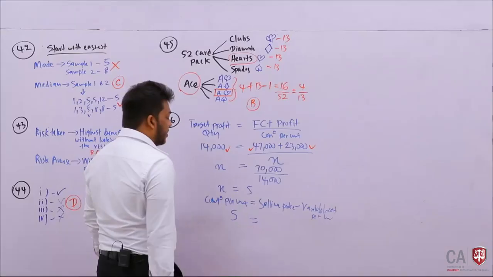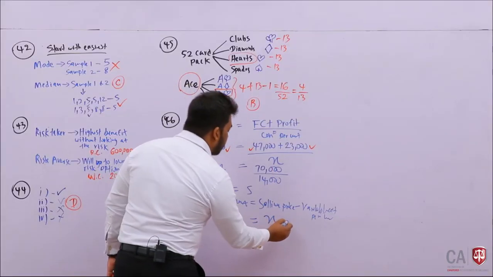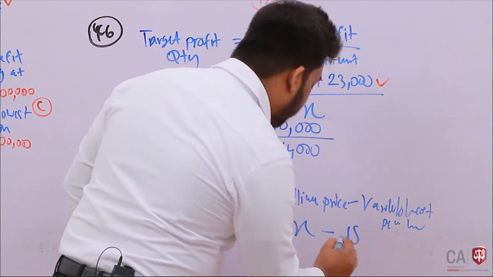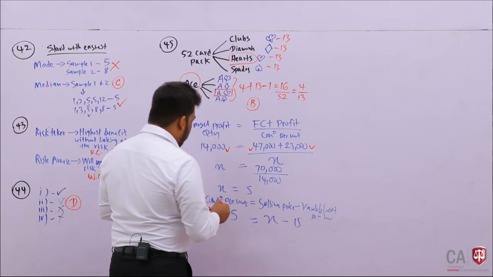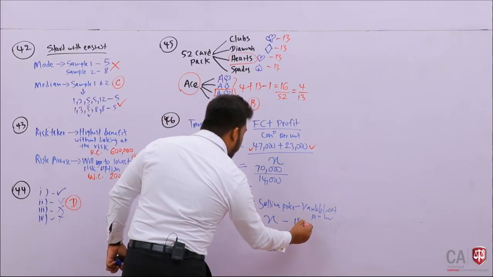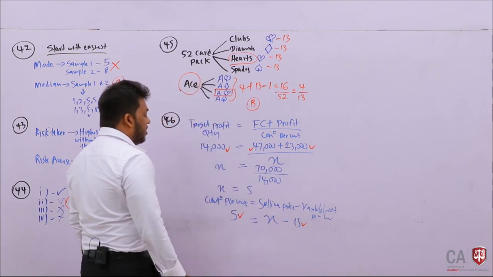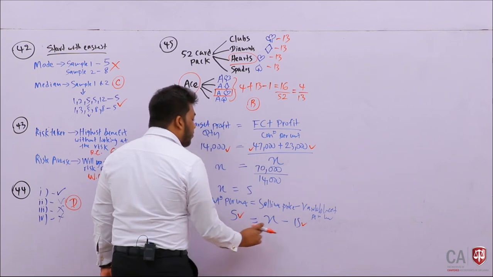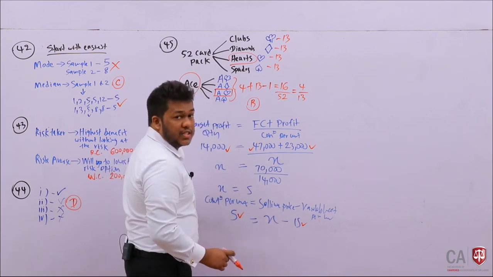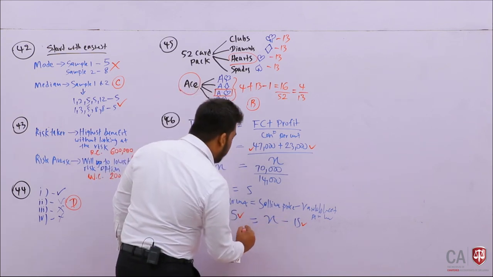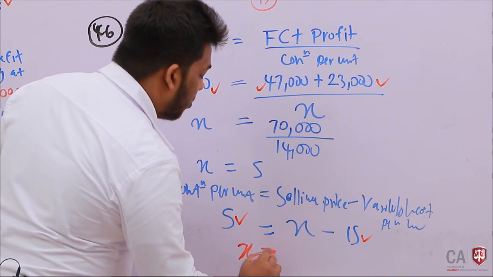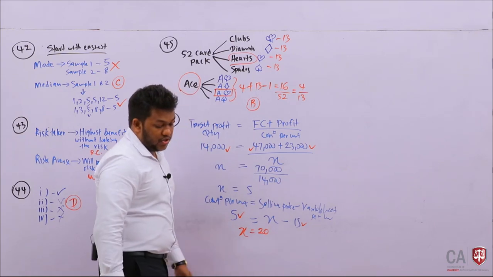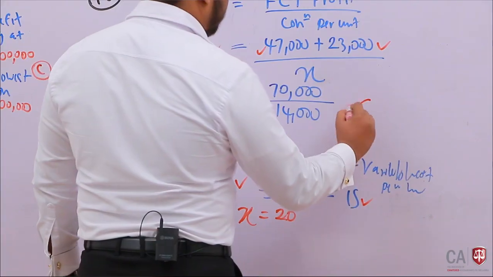You have variable cost per unit is 15, right? You know the contribution now, you know variable cost per unit, but you don't know the selling price. So to get the contribution of 5, selling price should be how much? Selling price should be 20. So X equals 20 minus 15, which is 5. So the answer is answer C.